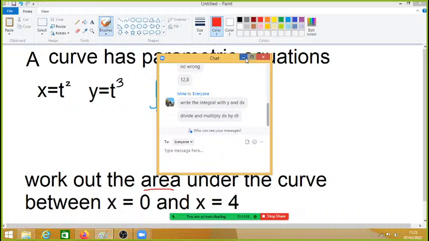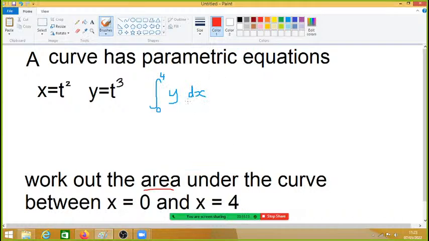Okay, so then we divide and multiply by dt because everything that we were given at the beginning was in terms of t, so somehow we need to get a t in there, and the best thing is just to divide and times by dt. Excellent, good. And now if you look at each bit, each bit should be doable. So what comes next? Or what came next? I'm going to space this out a bit to give you a bit of a clue.